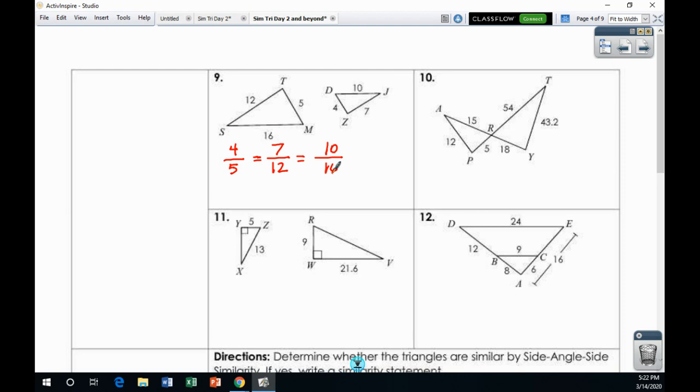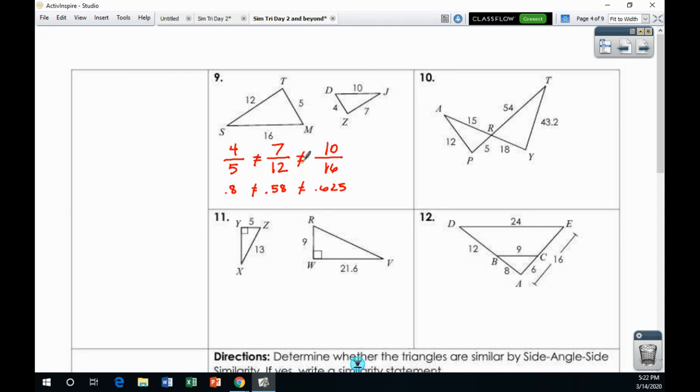Again, if I grab a calculator and show you this, 4/5 is 0.8. 7 divided by 12 is 0.58, and 10 divided by 16 is 0.625. So none of these are equal to each other, okay?